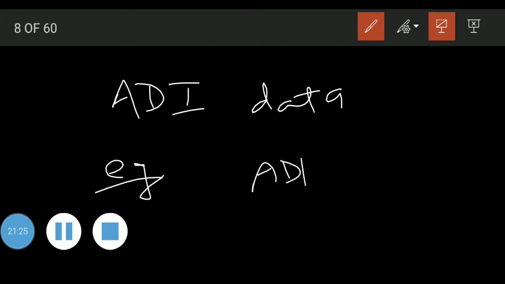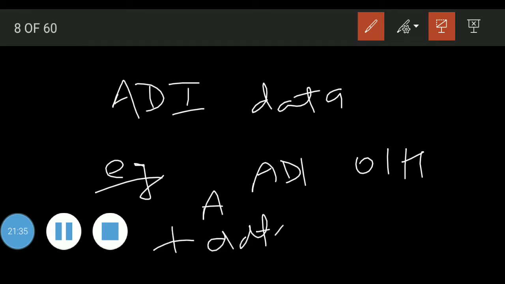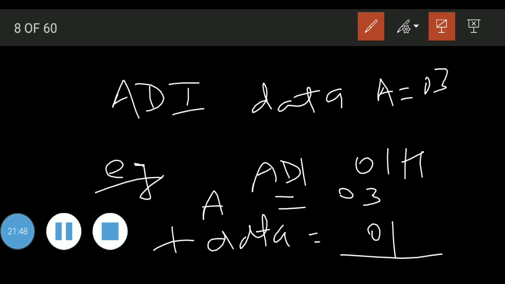So what is the role? Whatever data is there will be added with the content of the accumulator. Suppose in the accumulator we have 03H. So 03H will be added with 01H and the result comes again into the accumulator.